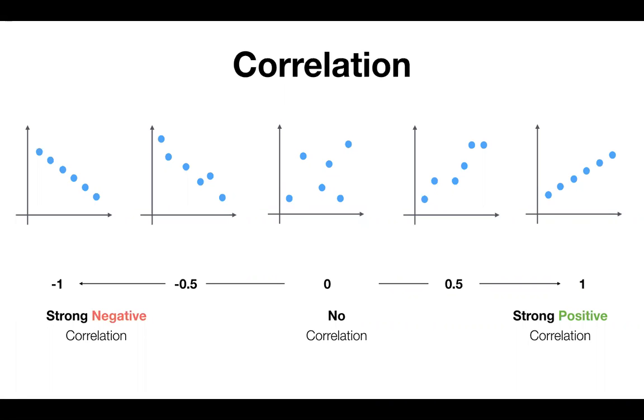From left to right, the left is a strong negative correlation, which means a value increase on the x-axis tends to happen together with a certain value decrease on the y-axis. The opposite end on the right-hand side is a strong positive correlation, which means a value increase on the x-axis tends to happen together with a certain value increase on the y-axis. So increase and increase.